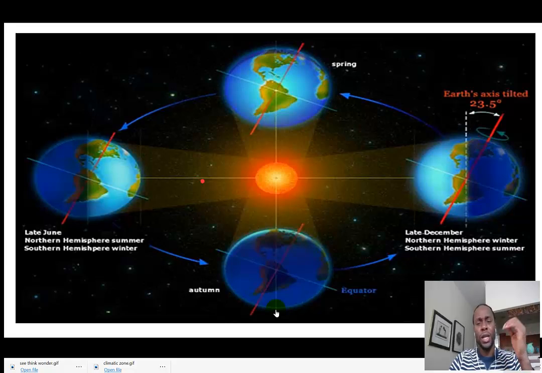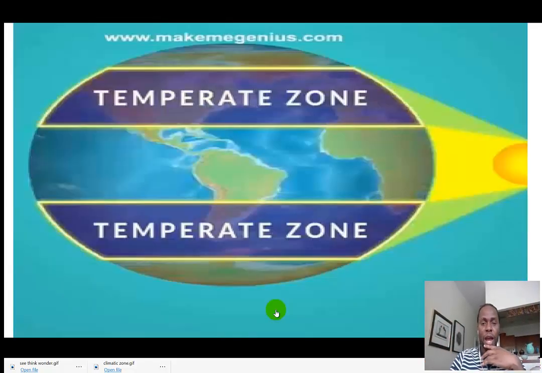So in a nutshell, the Sun is either at the equator twice a year, or at the Tropic of Capricorn, or at the Tropic of Cancer. So the Sun is always around the equator or around the Tropic of Cancer or Capricorn. Because of that, we can simplify that diagram into the solid diagram like what we have on our screen right now.